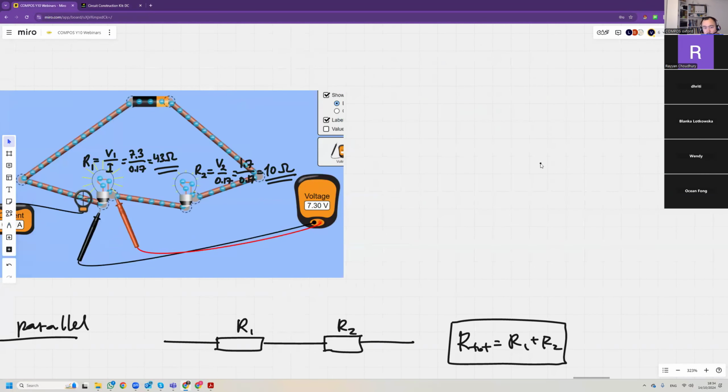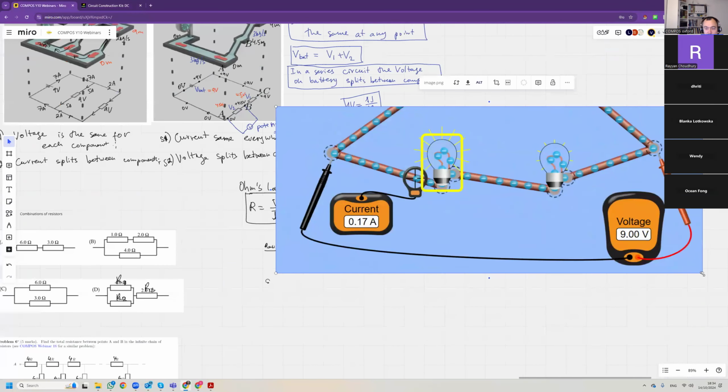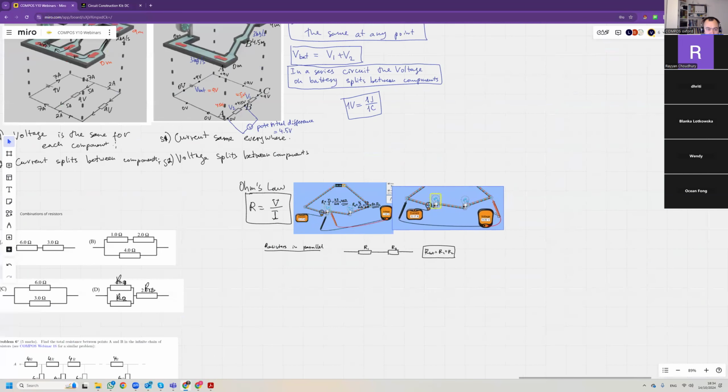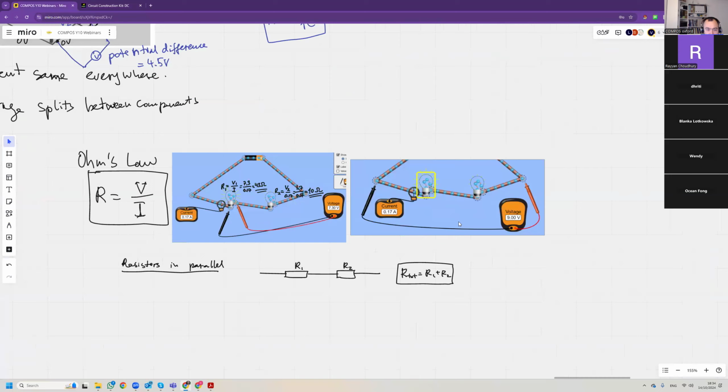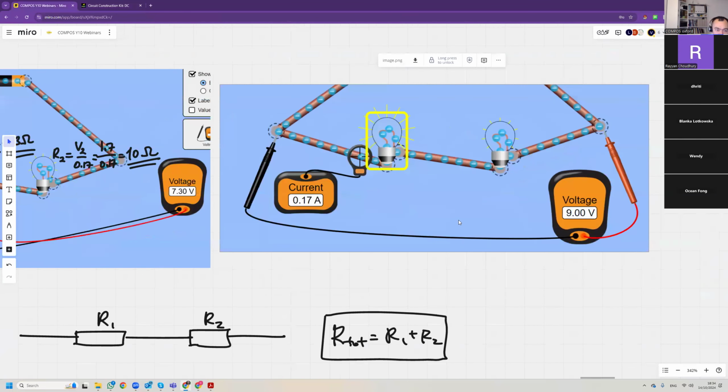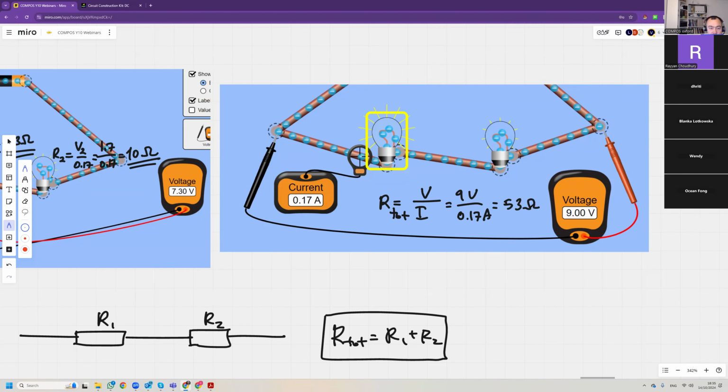So the resistance of the two lamps, because now we're measuring the voltage across the two lamps, is the voltage divided by the current, which is 9 volts divided by 0.17 amps, which gives you 53 ohms.